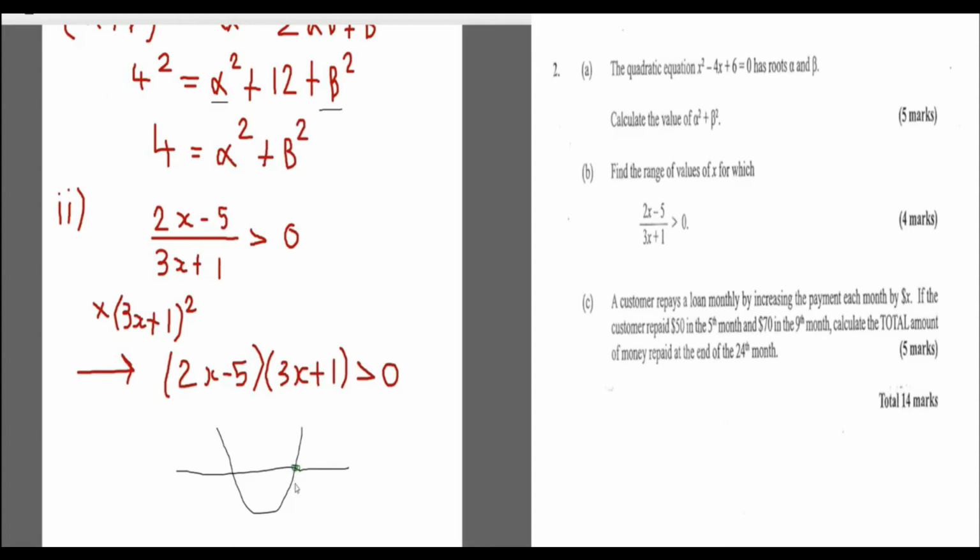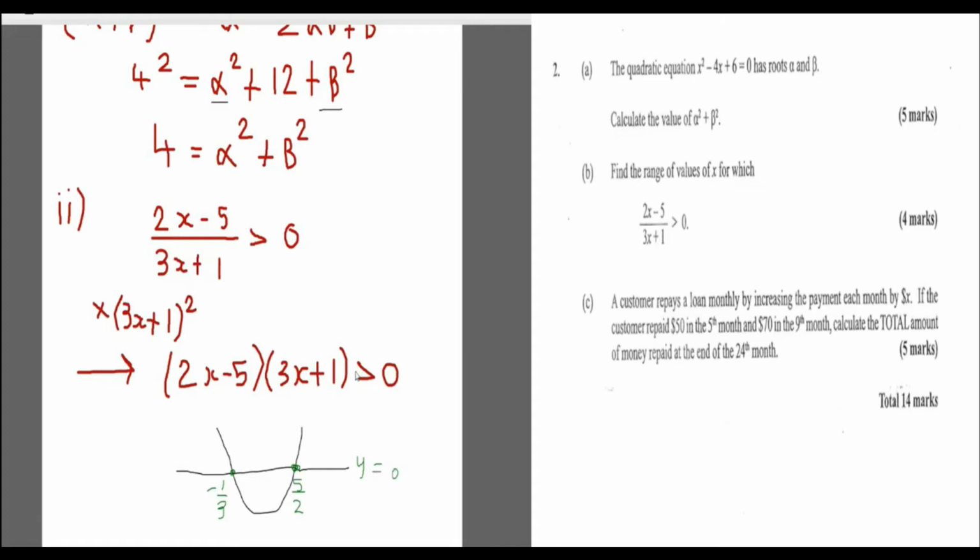This is what the roots would be. 5 over 2 would be here, and minus 1 over 3 would be here. Think of this as f of x greater than 0, and we know that f of x equals 0 is the line y equals 0.